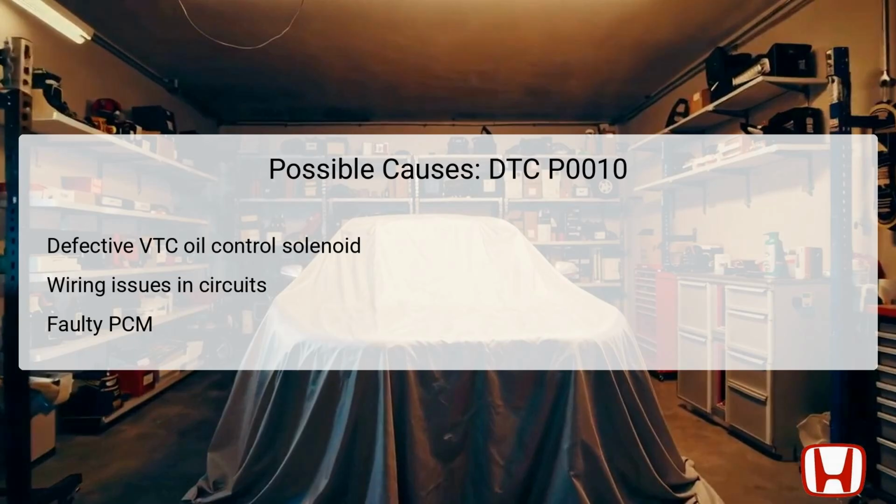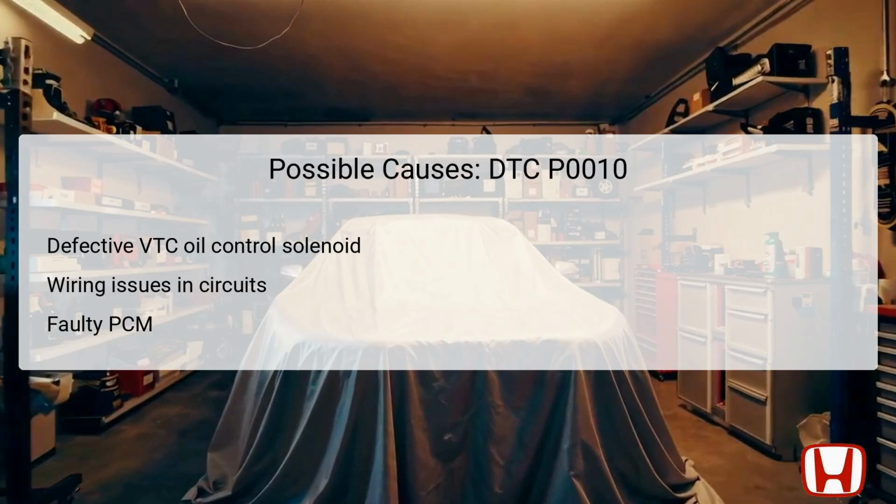A primary cause is a defective variable valve timing oil control solenoid valve A, which may fail to regulate oil flow properly due to internal wear or electrical failure. Additionally, issues in the associated wiring, such as short circuits or open wires, may disrupt the electrical signals necessary for the solenoid's operation.